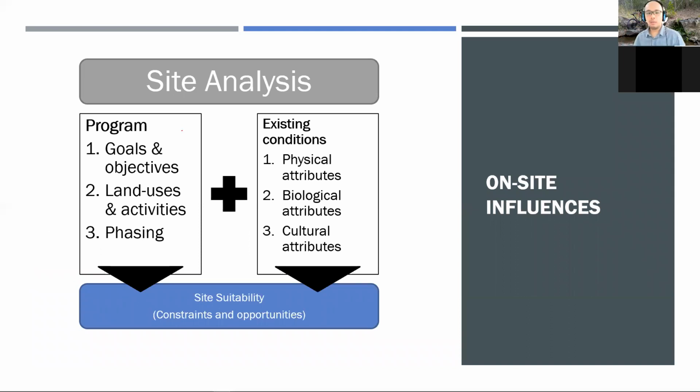Now, design influences also include existing on-site features that are retained undisturbed in the site plan. A steep wooded slope, for example, is a natural feature that can contribute to the site's unique sense of place.